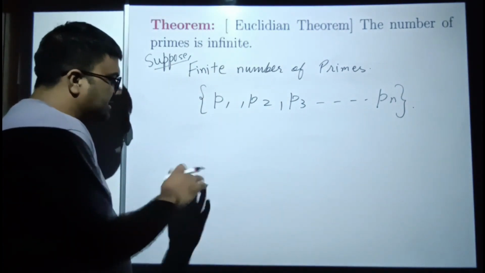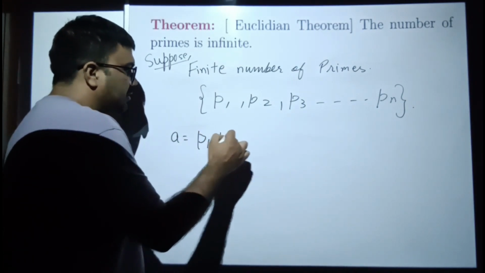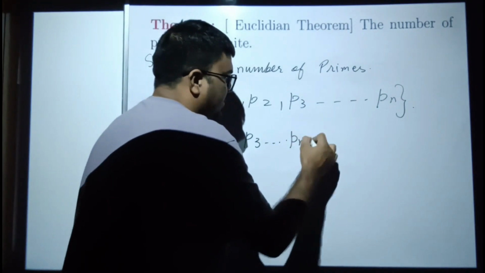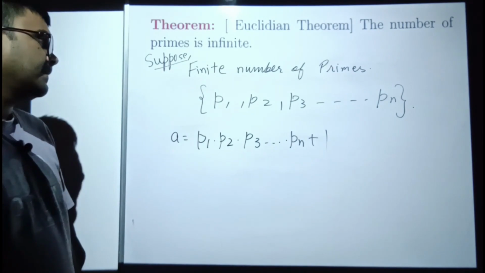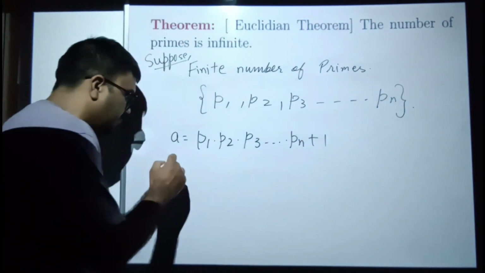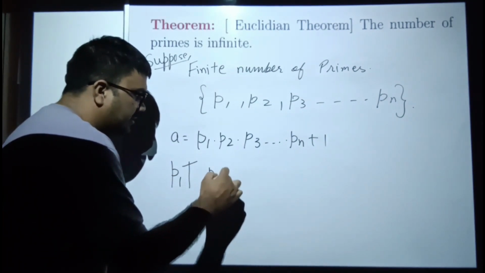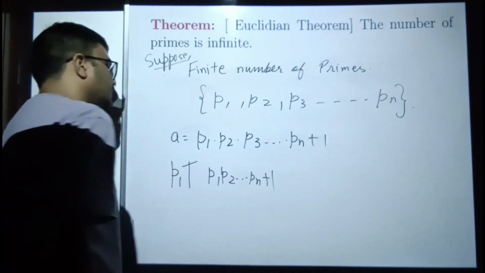Now suppose we consider another number A, equal to P1 times P2 times P3, and so on up to Pn, plus 1. Is this number divisible by P1? We are saying P1 does not divide P1 P2 up to Pn plus 1. Why?